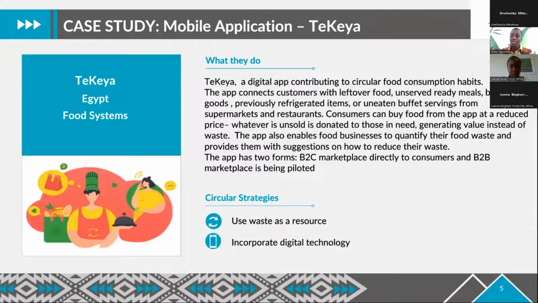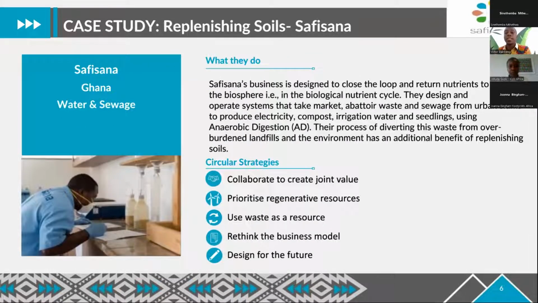The last one we'll look at is home in Ghana here where I am. That's Safisana. So the issue they tried to tackle here was they realized that a lot of sewage, and treated sewage, was going into the environment, and also a lot of organic waste. And then they looked at the soils in Africa and in Ghana and realized that these soils were very degraded.